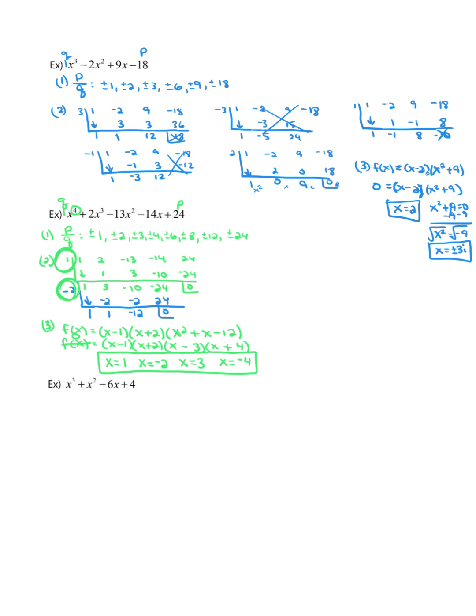All right, the next one is x cubed plus x squared minus 6x plus 4. So we'll start with p over q. Again, q is 1. Makes our p over q a little bit easier. 1, 2, and 4. So 1 times 4 and 2 times 2. So we have fewer things to guess and check from.